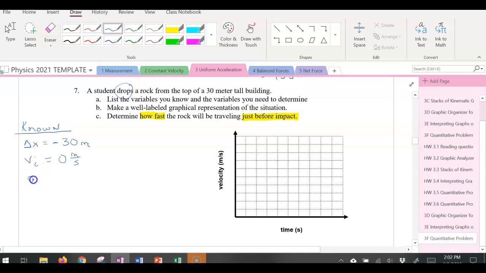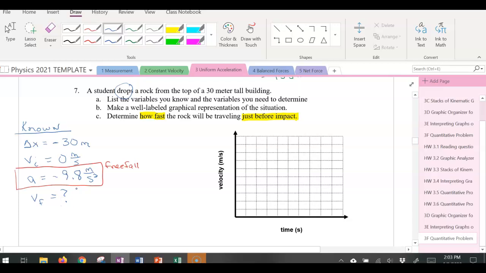And so the acceleration is negative 9.8 meters per second squared. This is important for free fall. So, they're not going to tell me that, but I just have to understand from the context that when something is falling, that I can assume that it's in free fall. And what I'm looking for is the final velocity.